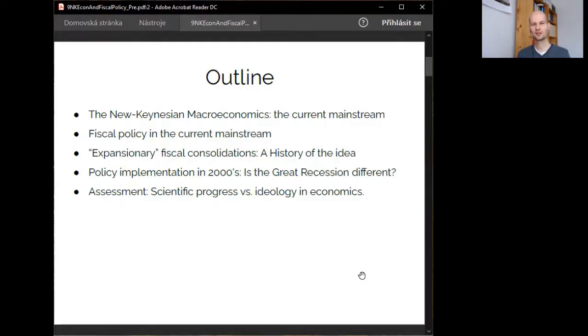However, there were several aspects which remained controversial and where consensus hasn't been reached. And one of those is fiscal policy.